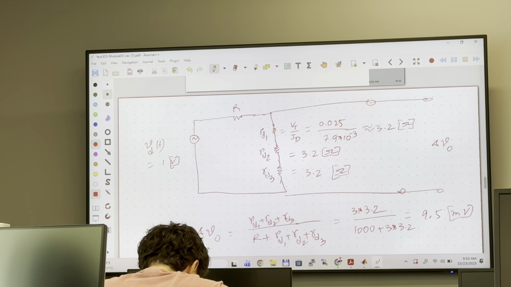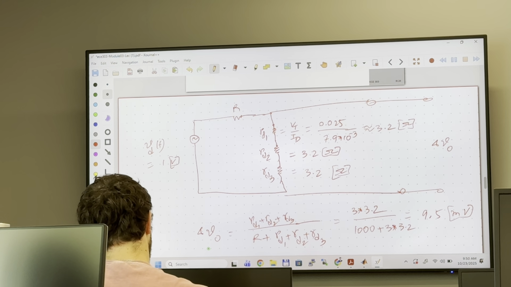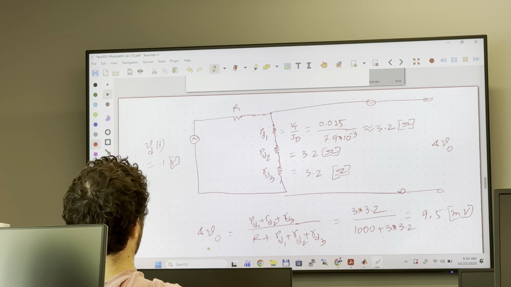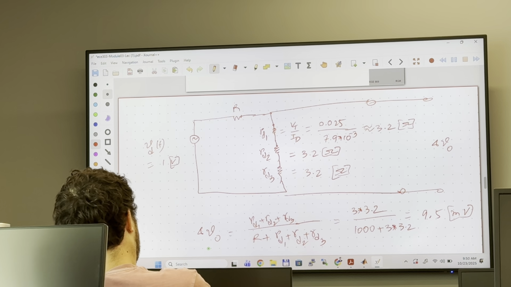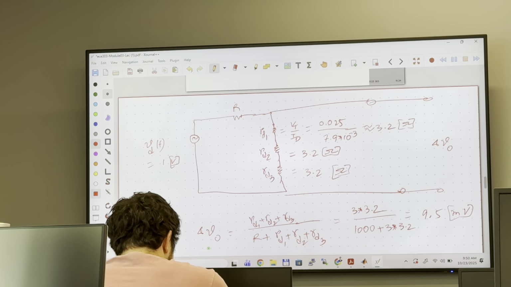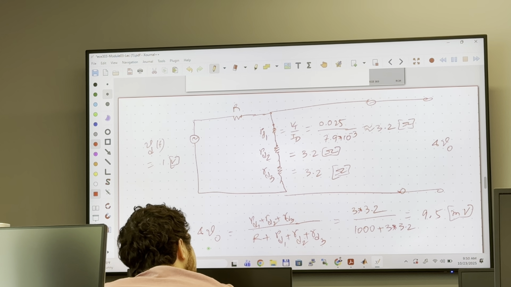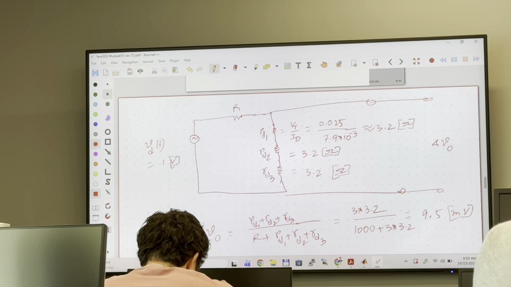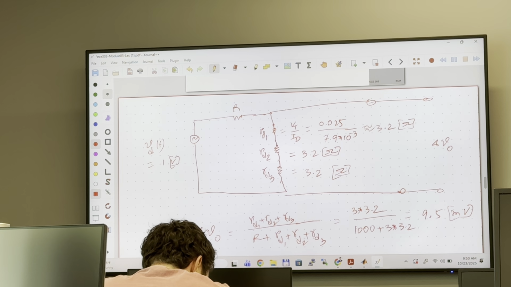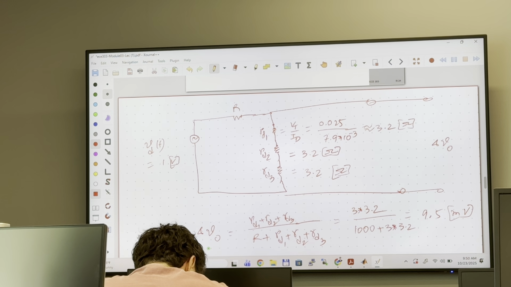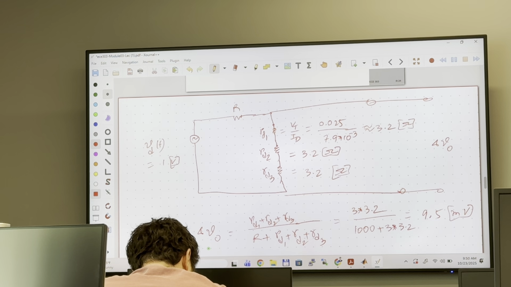We have in the input voltage 1 volt change, and the output voltage, how much is the change? 9.5 millivolt. So 1 volt change in the input changes 9.5 millivolt in the output.